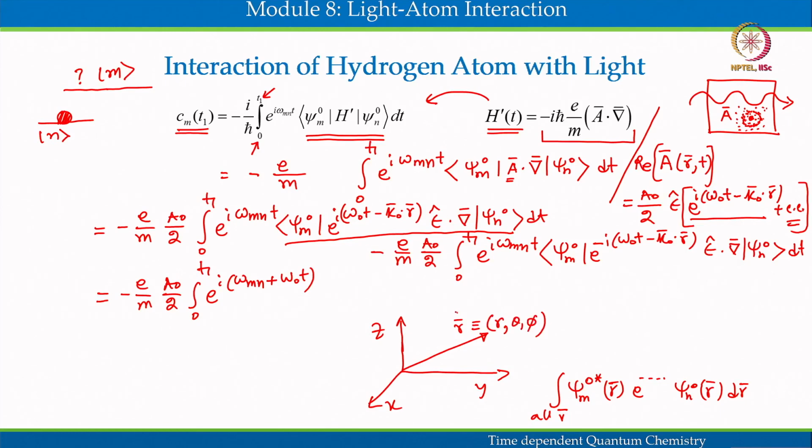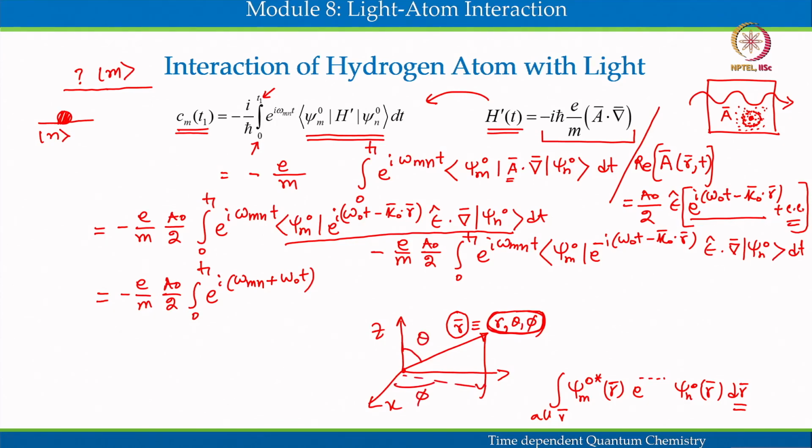So, either I express this integration in terms of the vector dr, or I re-express it in terms of scalar quantities, which will give the same result. The r vector is expressed in terms of r, the distance from the center, theta is this angle and phi is this angle.